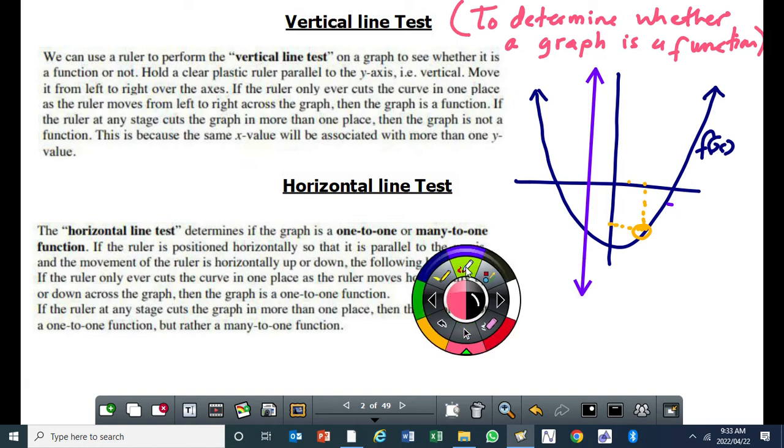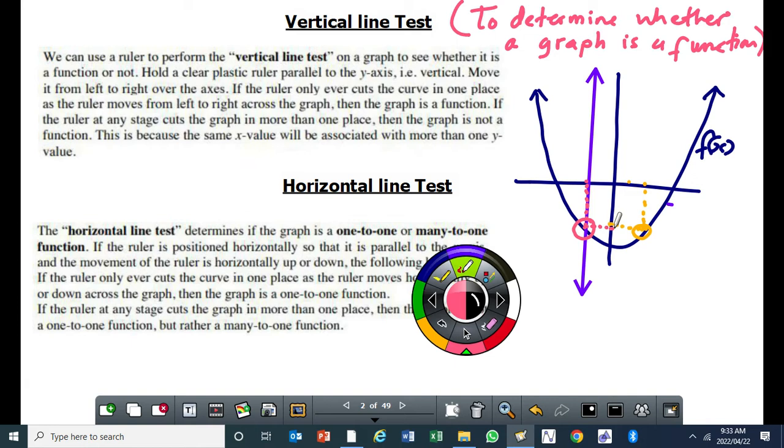And if I go to that point where the vertical line intersects with the graph, again, I'm going to have one x value corresponding to what? One y value. Okay? That is an indicator that indeed the quadratic function is a what? A function. By using the vertical line test.